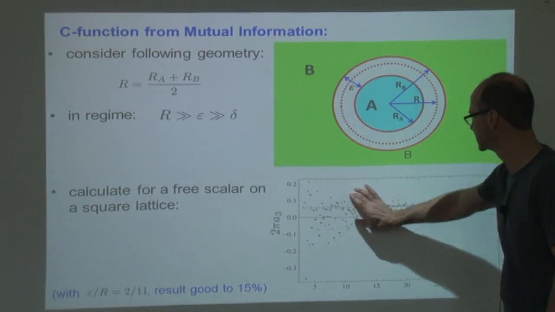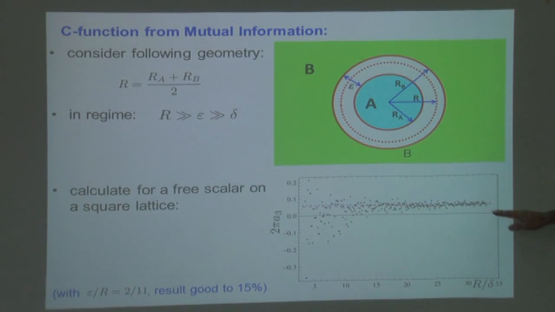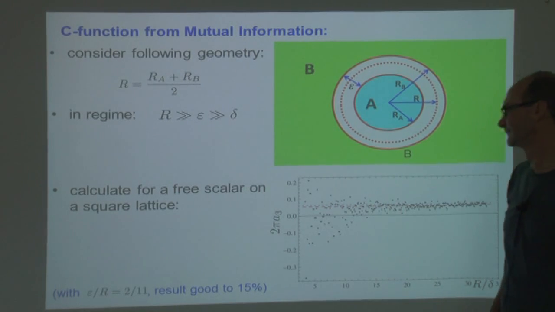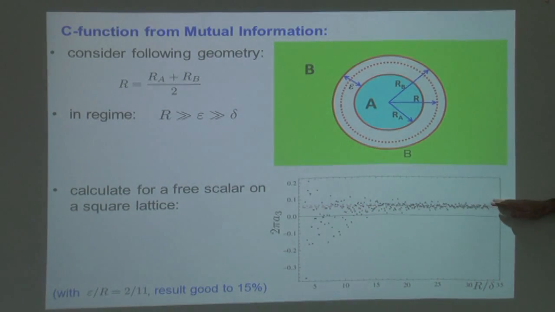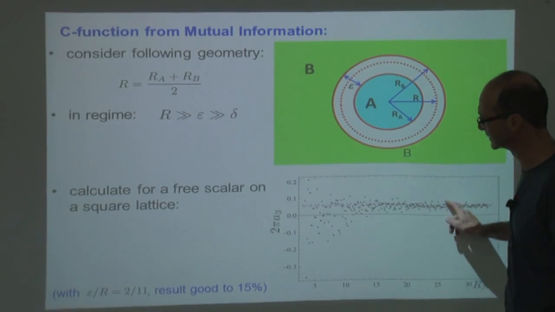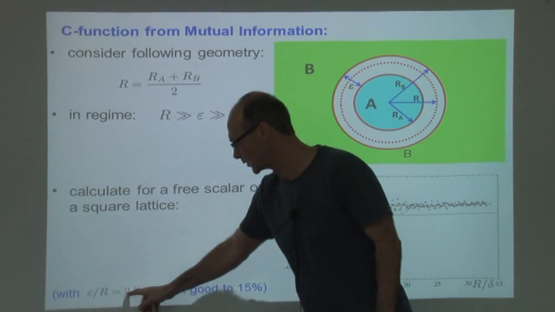This is a calculation for a free scalar field on a square lattice. In this case, you can see with this prescription that things are converging to some asymptotic value out here. Unfortunately, well, okay, I'll say it anyway: I know what the answer is supposed to be, and I'm off by some 15%, but that's because this is a very rudimentary calculation where epsilon over r is only about 0.2.